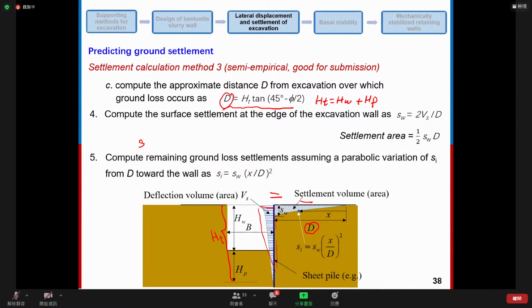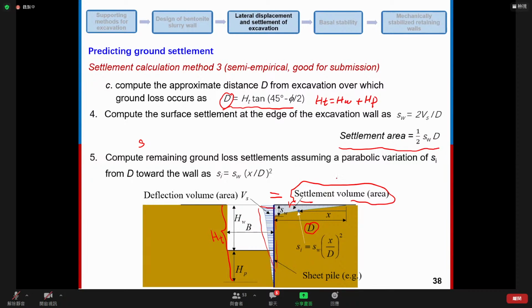Right now we need to find a way to calculate the volume or area of the settlement, this place. So we assume that the area of this place equals the area of a triangle. We calculate the settlement area using this equation.